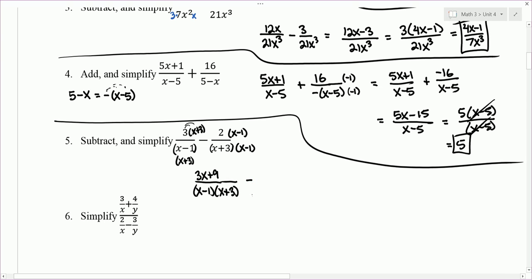Minus, or I'm going to do this. I'm going to change that minus to a plus and make that a negative 2. So plus, distribute the negative 2, negative 2x plus 1. Again, same denominator.